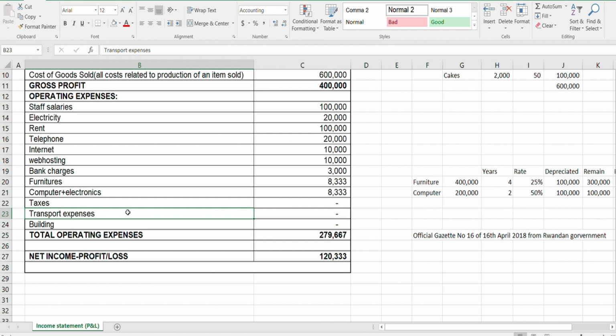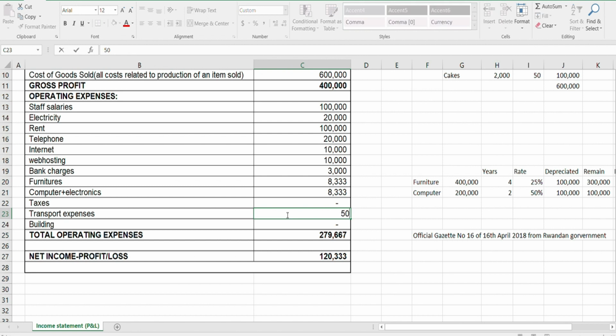Transport expenses: normally the business has its own transport, maybe for courier, for materials, for staff joining some workshops, some trainings. Those are expenses that have to be recorded here too. We may have an example of 50k. So these are total expenses.